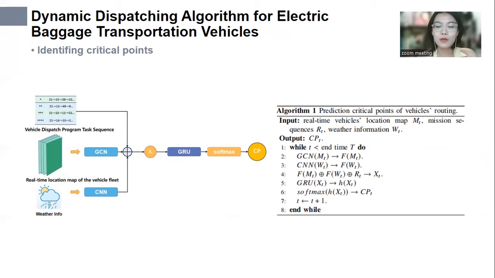The network inputs are a vehicle scheduling task sequence, the real-time vehicle group location map, and the real-time weather information. The maximum probability task point is obtained by the softmax function as the output of this network, which are the critical points of vehicle routing. The critical points prediction algorithm is shown on the right.